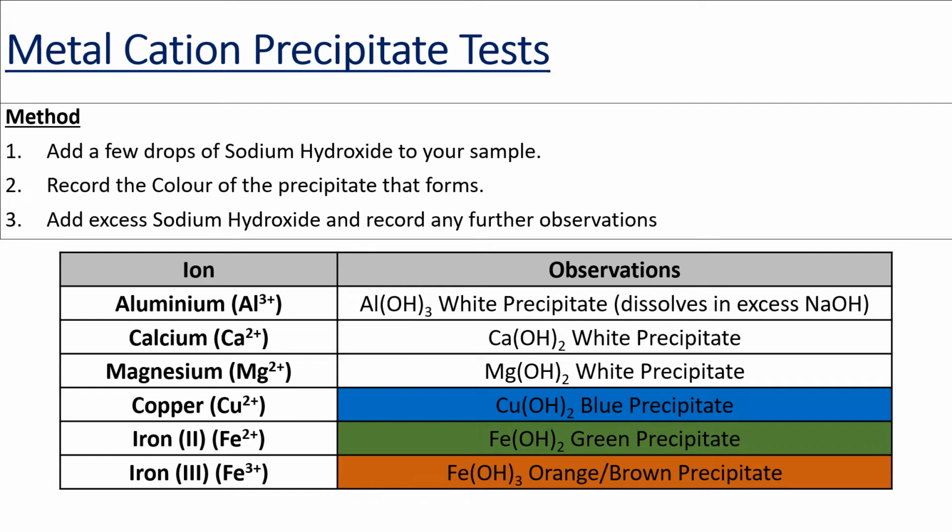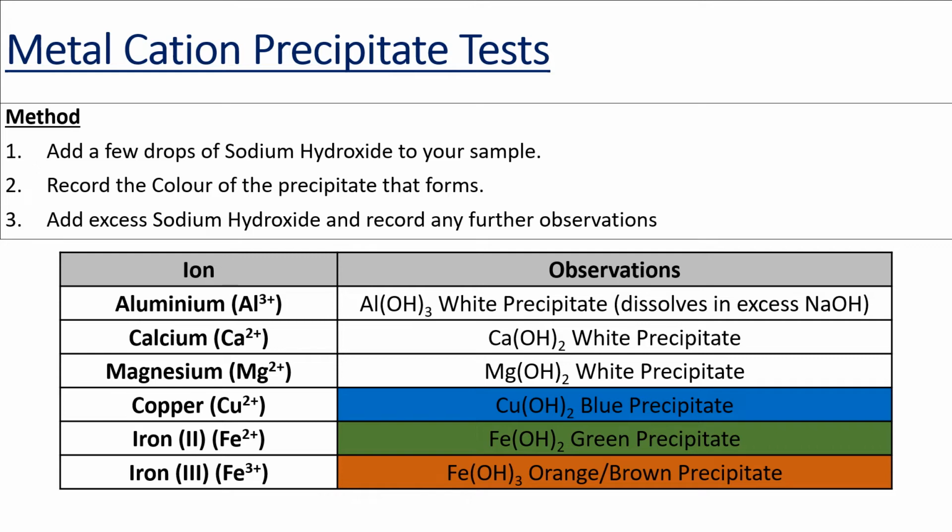So aluminium, calcium, magnesium, you just got to look at those and think, right, they're not transition metals, it's going to be a white precipitate. Copper is a transition metal and forms a blue precipitate. And then you've got two different ions of iron. You've got iron 2+ and iron 3+. And again, that's one of the things that you have to remember from topic 1. When we talk about the transition metals, they can have multiple different charged ions.